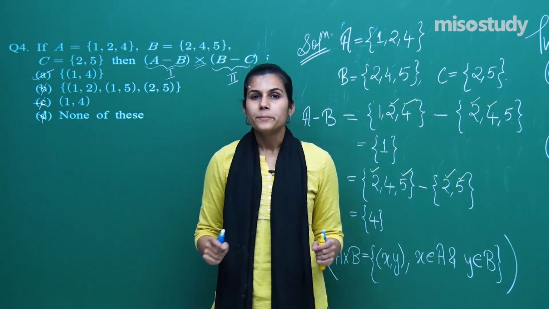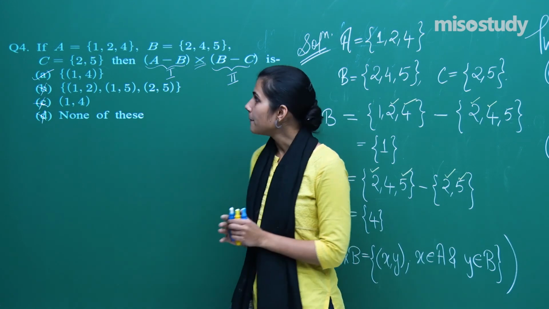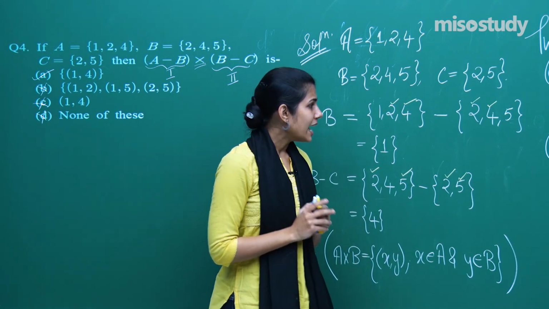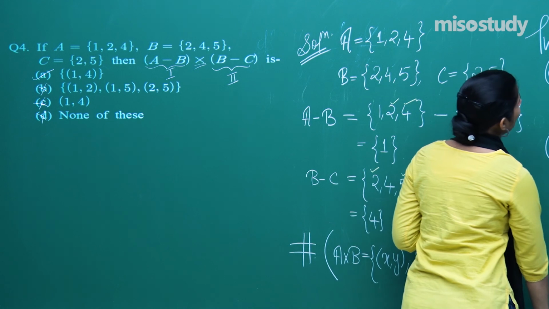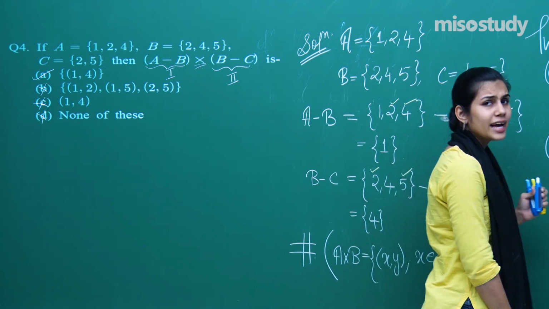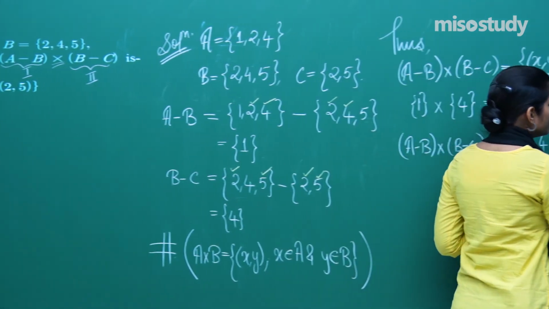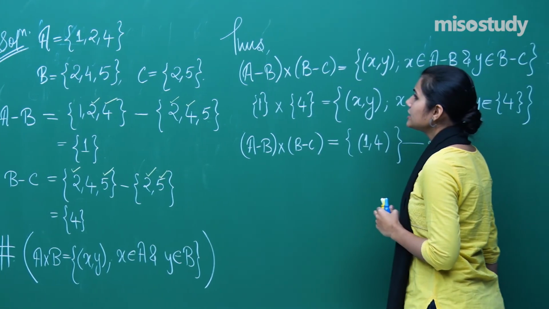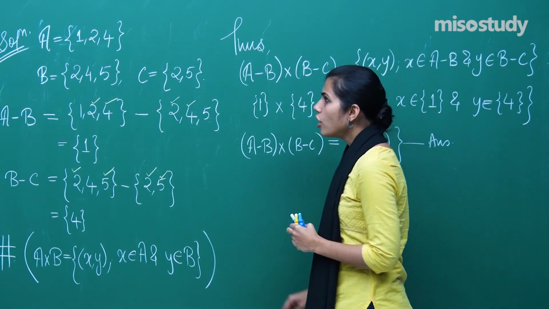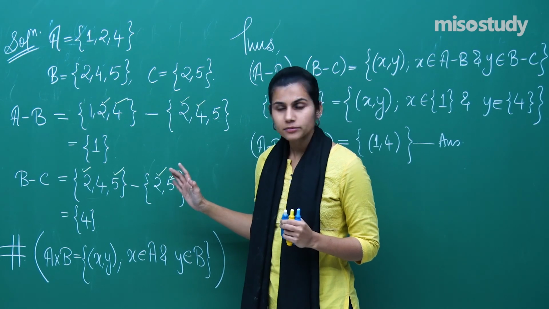That is what brings me to the end of solution number 4. Now that we have dealt with question 4, understood how we actually compute this type of relations, it's time to get on along with question number 5.